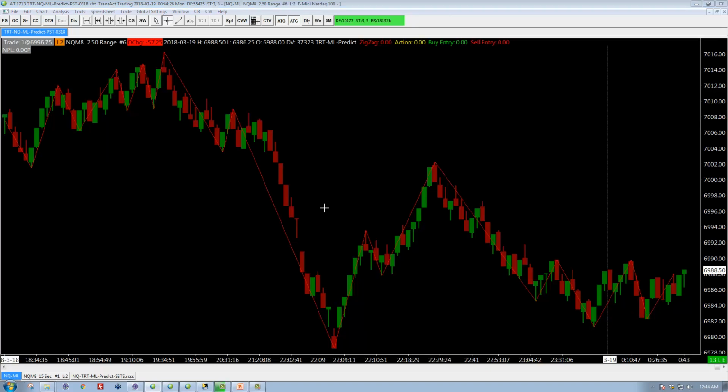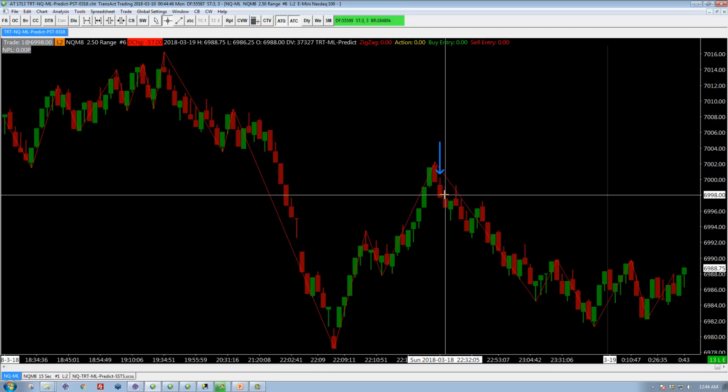So let's look at that as an example. Let's say you got a short signal here. The low of that bar is right there. So the limit entry is going to get placed 1 tick above that level right there.